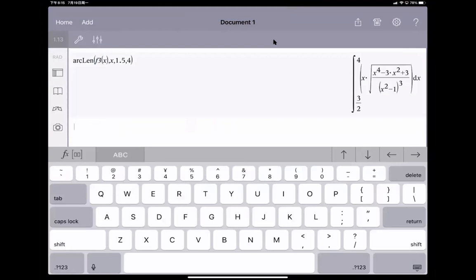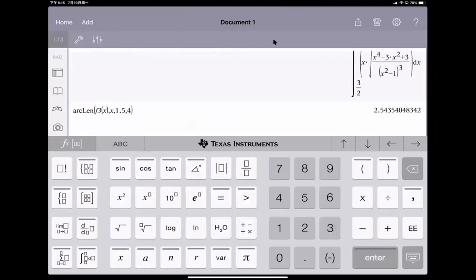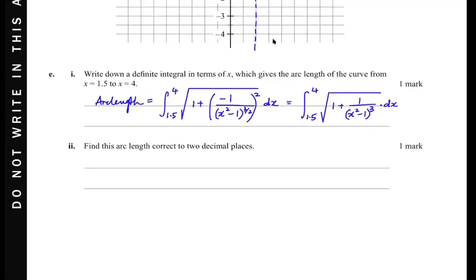So this is the simplified arc length expression, and Control Enter gives 2.54, correct to 2 decimal places. So question 1 is finished.